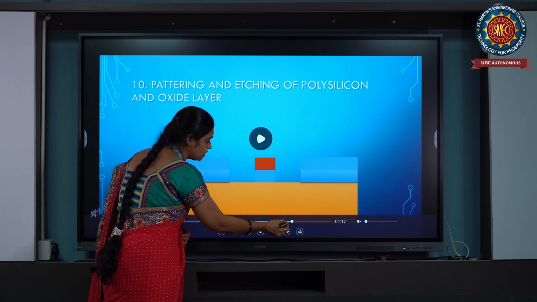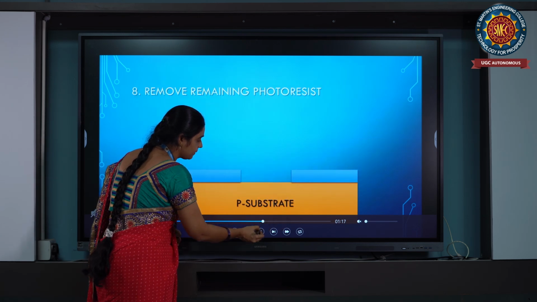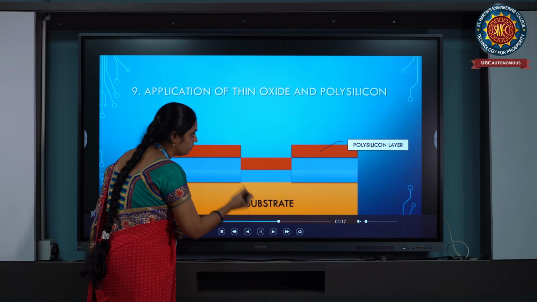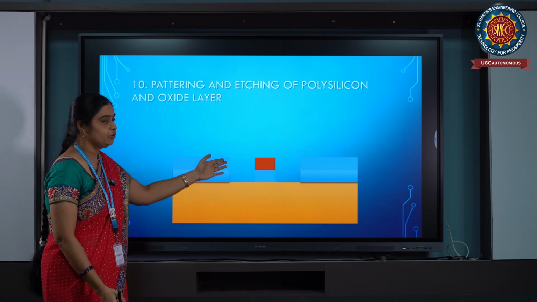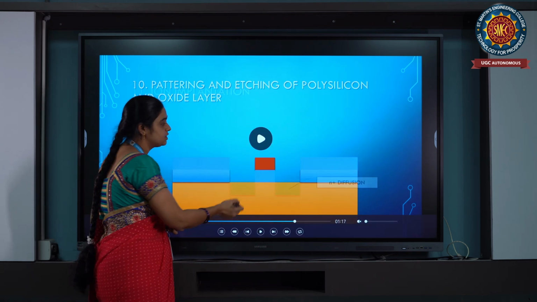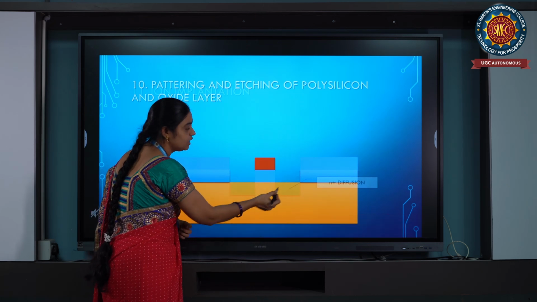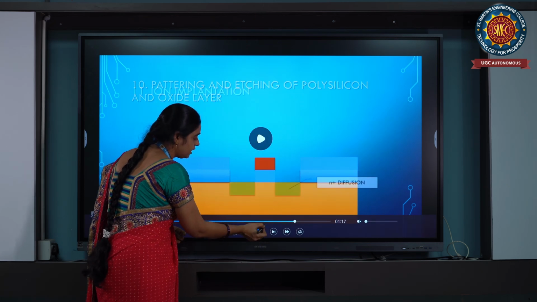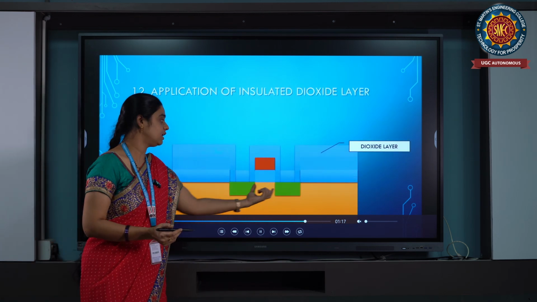For this process, in this video, the substrate gets a polysilicon layer again, and again we are doing masking and etching. In this diagram, after masking and etching, we have the two targeted regions, and now we are diffusing N plus diffusion. Clearly observe that we are forming an NMOS transistor, so we need N plus diffusion, which is green in color here.